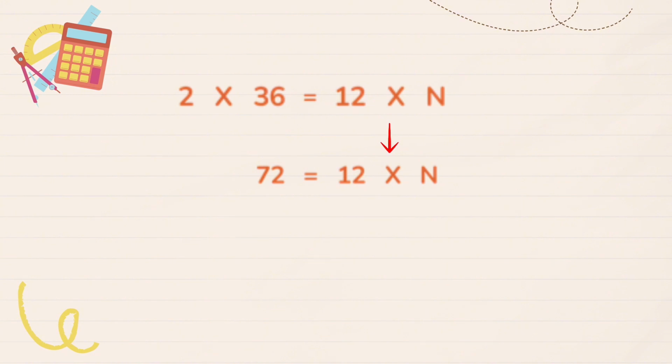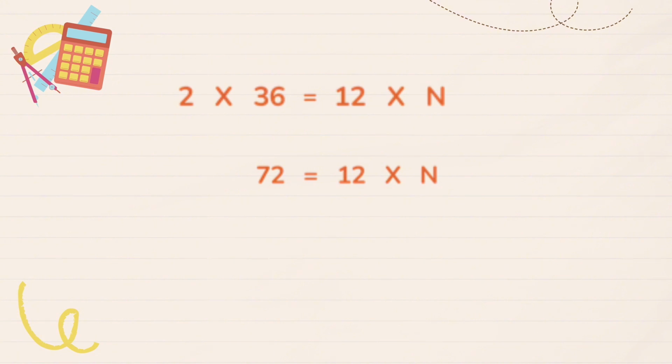That has the number 12 being multiplied by our unknown letter n. How can we multiply when one of the numbers is unknown? Actually, we can't. Fortunately, we don't need to because we're just trying to figure out what our unknown number is.